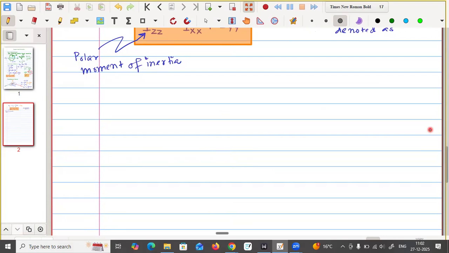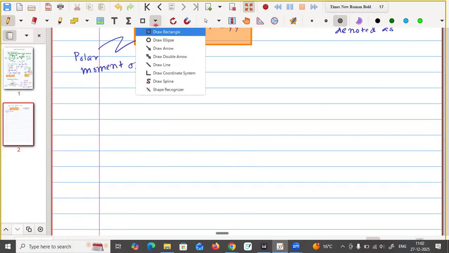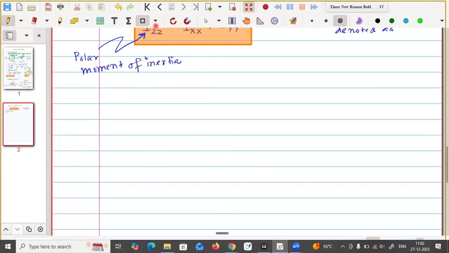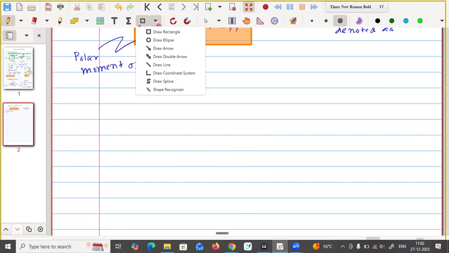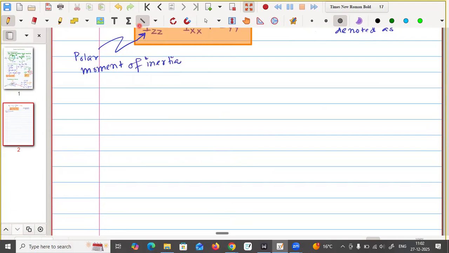So say for example, if you want to determine the moment of inertia of this area. Now remember these are all basically area moments of inertia.